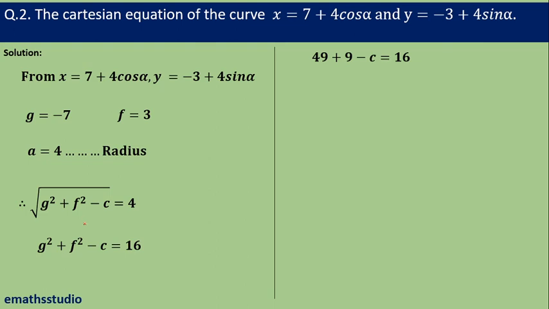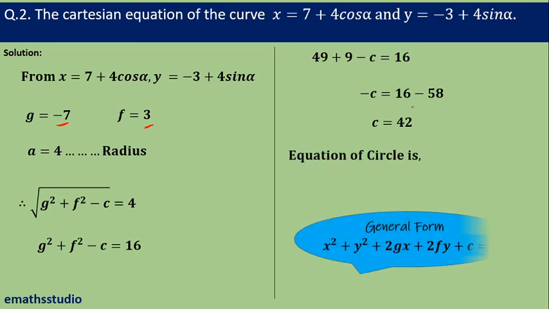So, g square, that means minus 7 the whole square, f square, that is 3 the whole square. So, 49 plus 9 minus c is 16. In the next step, I can write minus c is equal to 16 minus 58. So further, the c value can be written as 42.